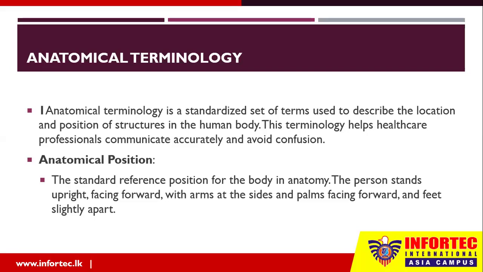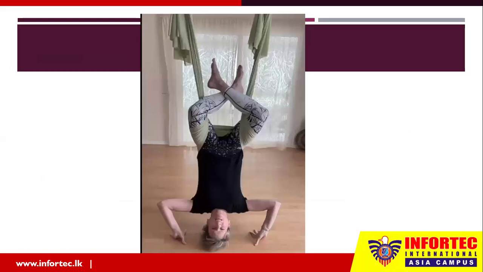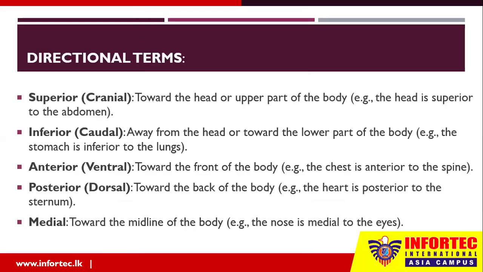This is the anatomical position. This is the standard reference posture we use in anatomy to describe different locations and relationships of our body parts accurately and consistently, right? So you can see, is this the anatomical position? No, right?